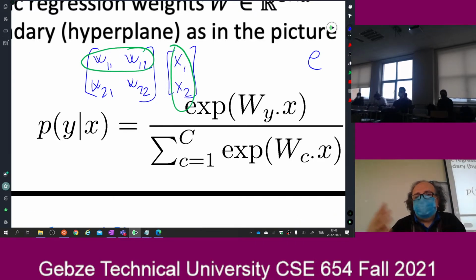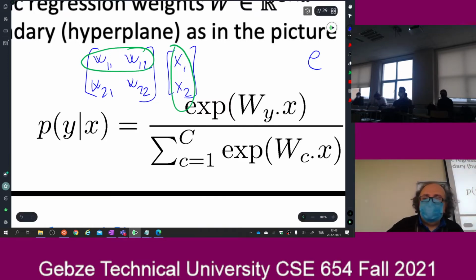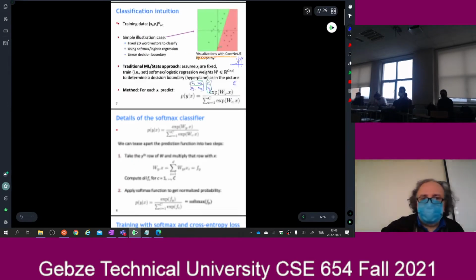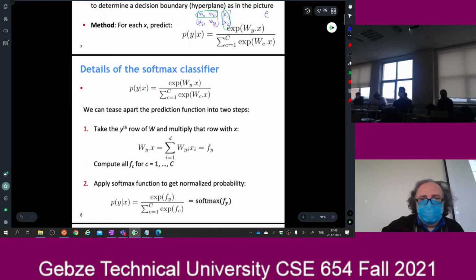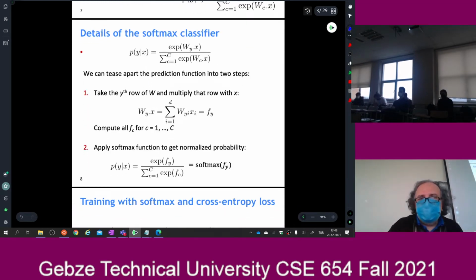It gives you a single scalar number. That scalar number could be anything between minus infinity to plus infinity. There is no restriction, but the exponentiation takes it to positive, and this one makes it between 0 and 1. Good. So this one talks about the upper part. This one talks about the whole thing, and this one is called softmax.